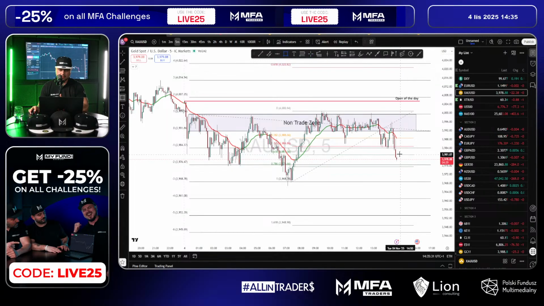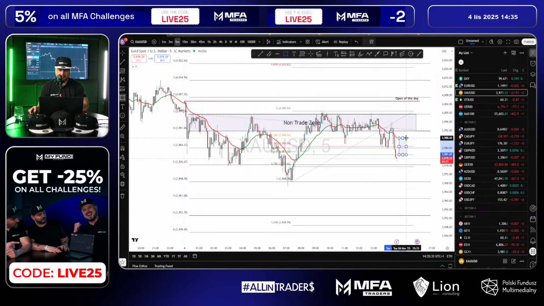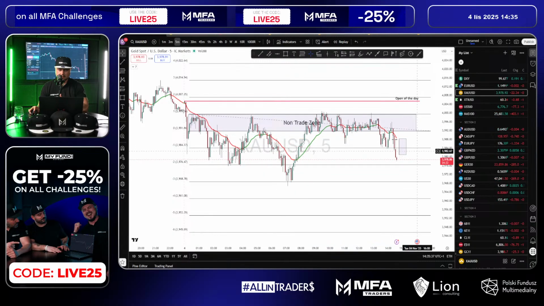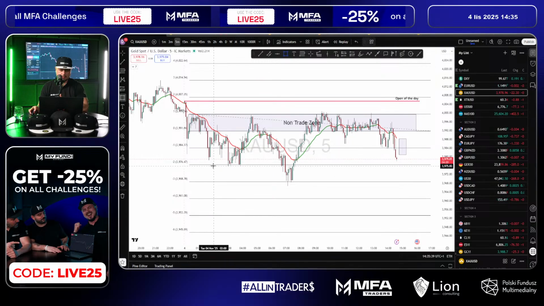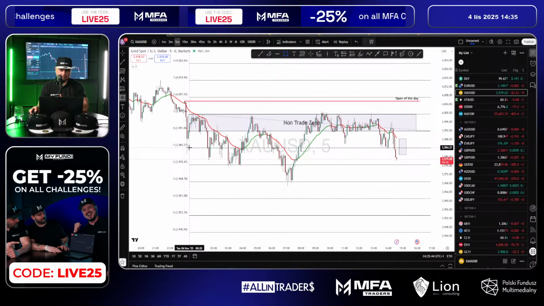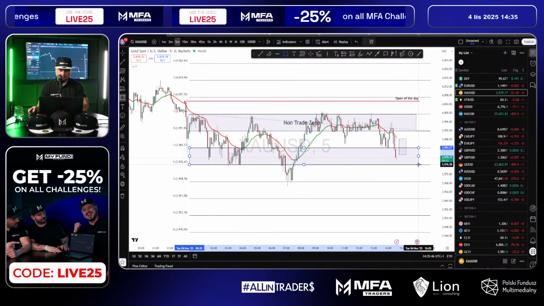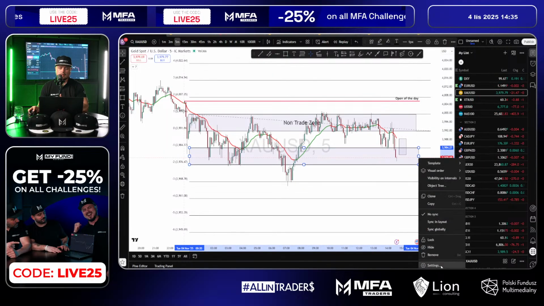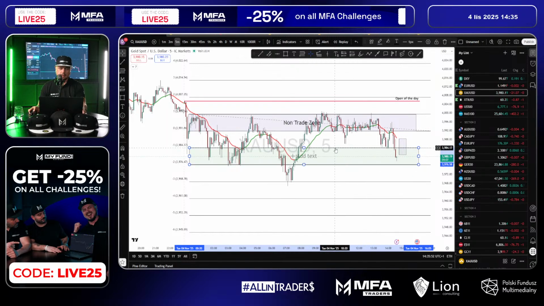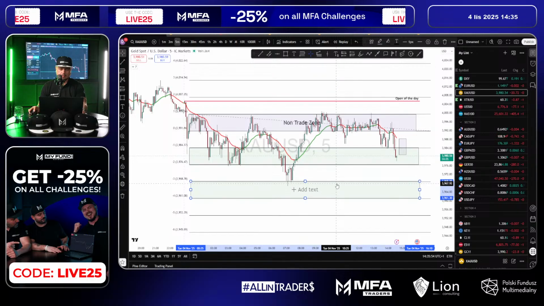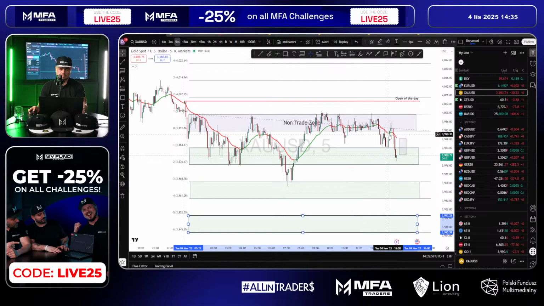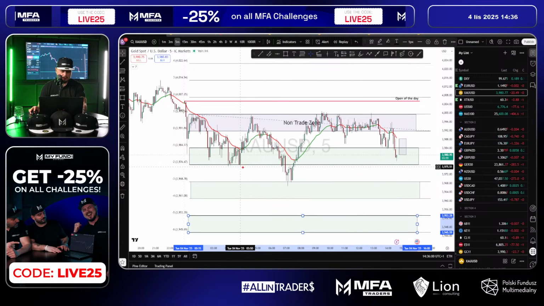Let me mark this pullback zone because I want to see what's going to happen. I'm going to remove that and let's add our expansions. Settings. We need to change the color to green. Look at these reactions.